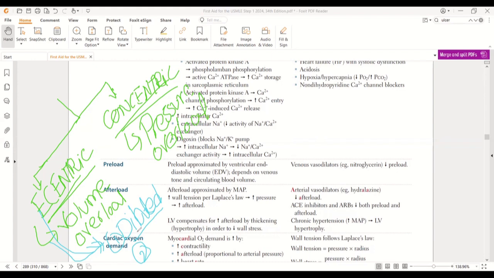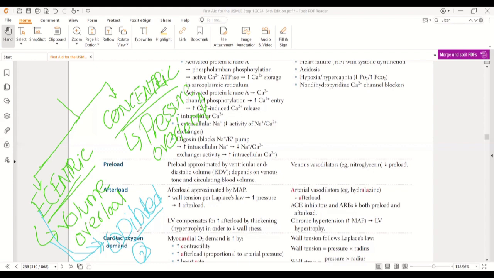Congestive heart failure. Anything else? Any valvular pathology? Mitral regurgitation and aortic regurgitation mainly, right?